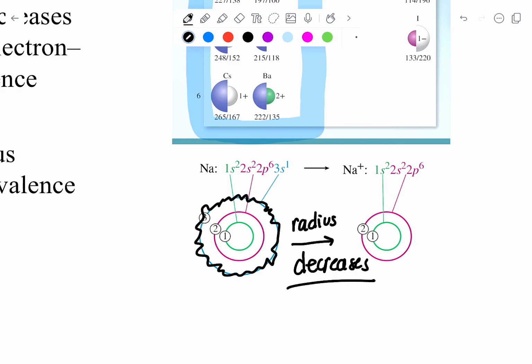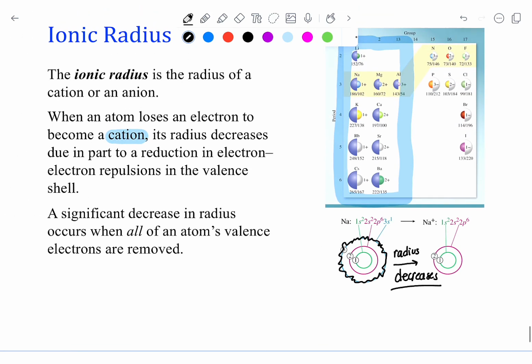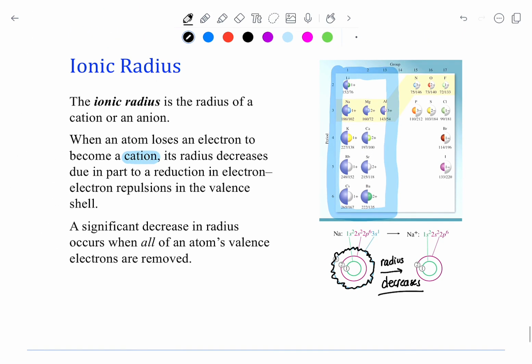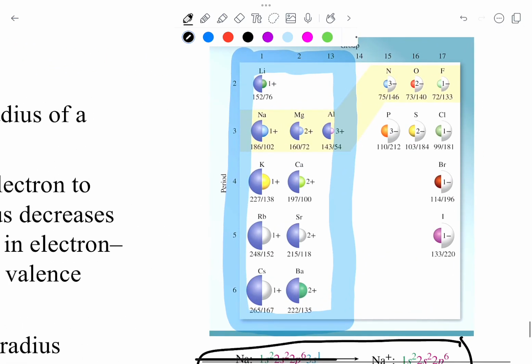Okay, so when we create cations, the radius is going to decrease due to a reduction in our electron-electron repulsions. And there we see that significant decrease when all of the valence electrons are removed and we're left with just the core, which is what this image was showing. Okay, so in our image up here, we see one side, this is our neutral side, and then this is our ion side.